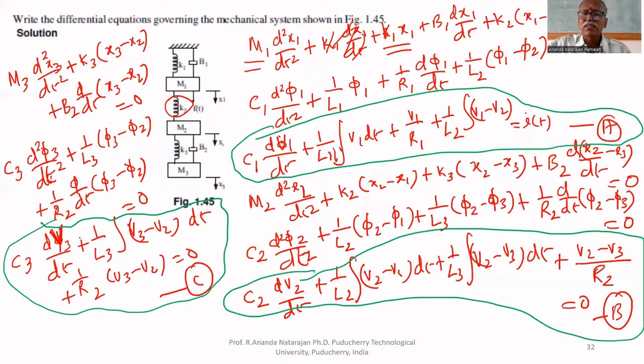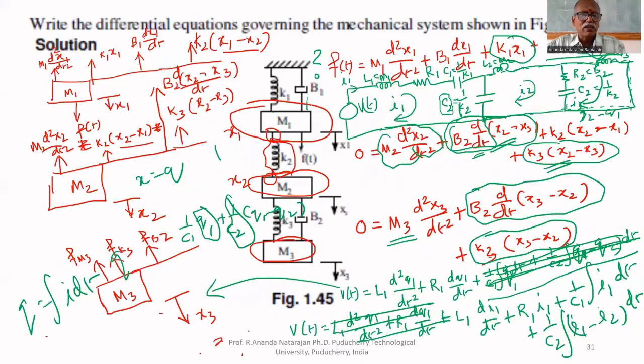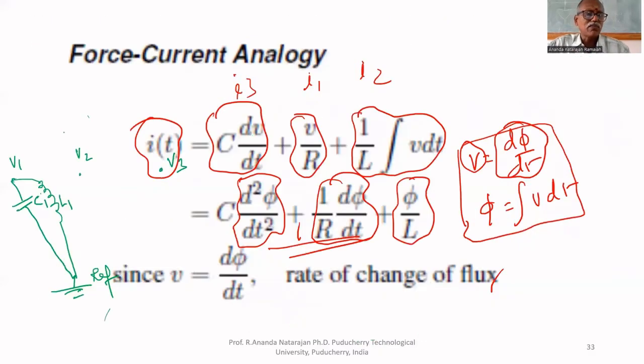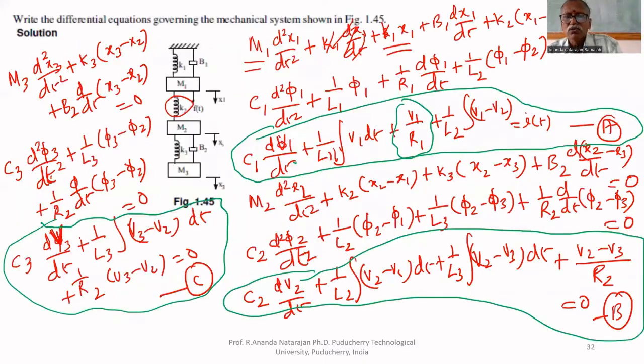Again, go to the equation. V1 upon R1: for this resistor, the applied voltage is only V1. Therefore, take one resistor R1 here. Then go to this term, 1 by L2, voltage across V1 and V2.